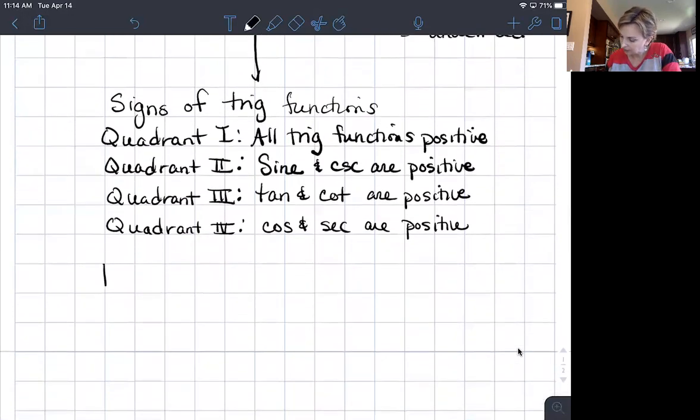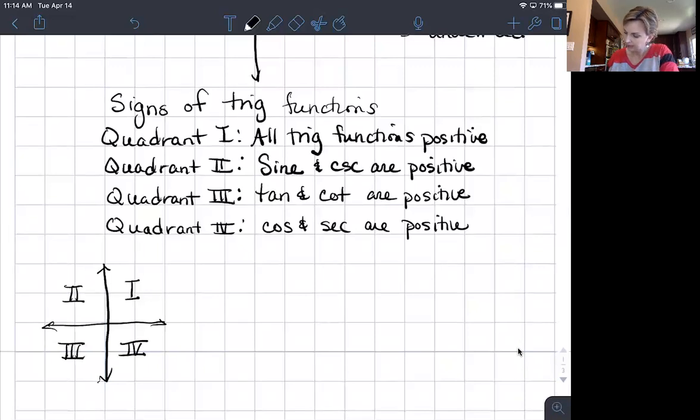Okay, so let's just take a look at what that looks like, right? So again, these are our 4 quadrants, the way they're numbered. This is quadrant 1, 2, 3, and 4. Okay, so that means that in quadrant 1, everything is positive.